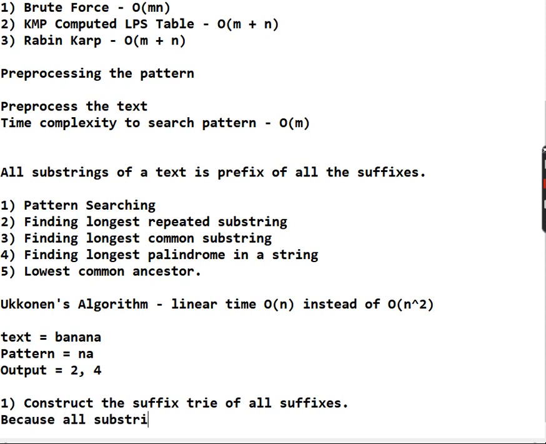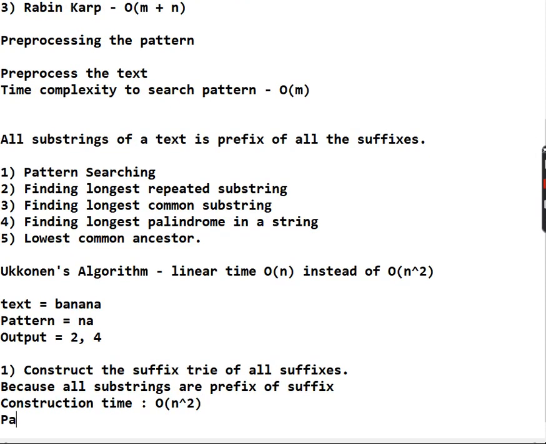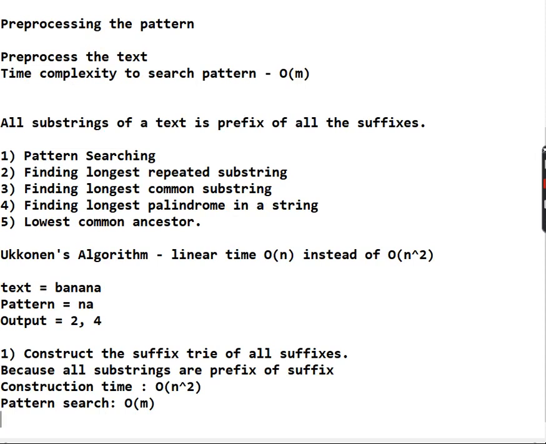Because all substrings are a prefix of a suffix. The construction time is O of n squared, which you know, but the pattern search is only O of n, right?